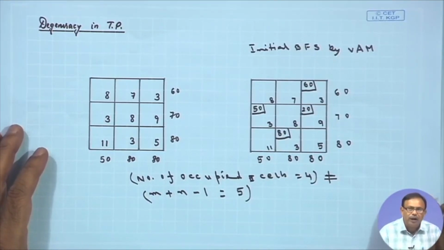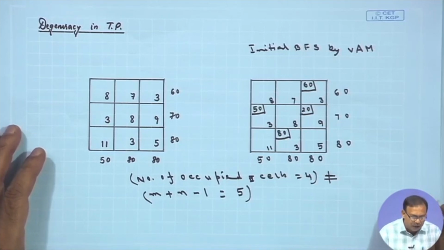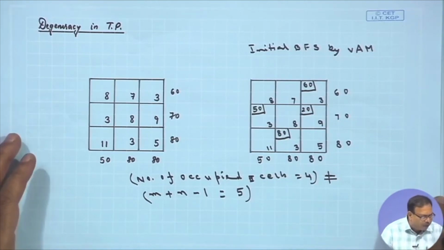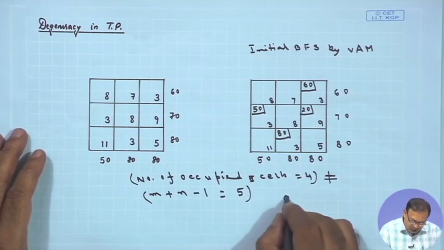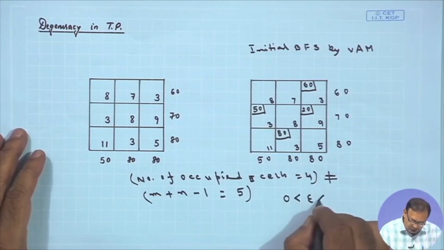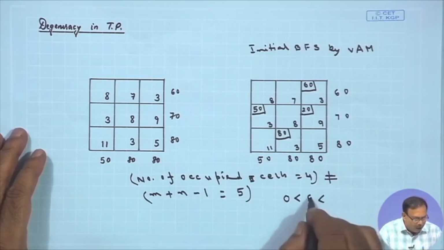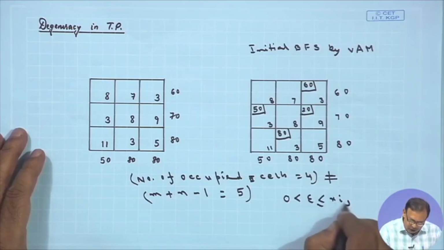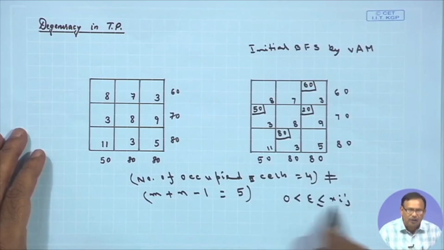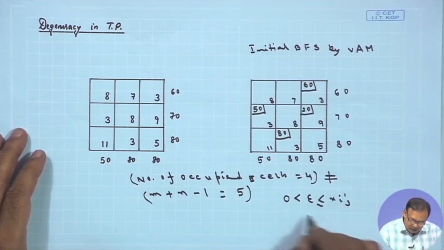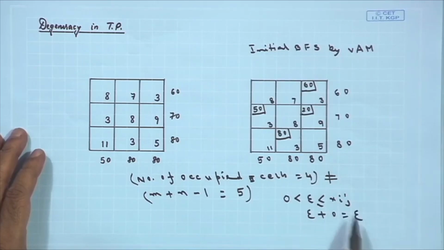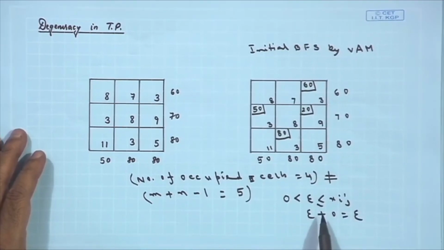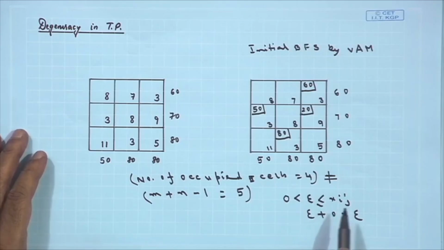So, whenever a degeneracy occurs in a particular problem, what do you have to do? You have to assign a small quantity epsilon, such that epsilon plus 0 equals epsilon, and that means a very small quantity is being allocated to a particular cell.